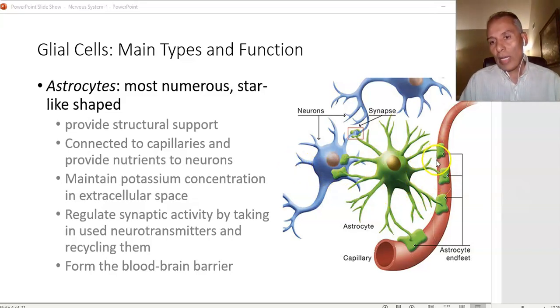So an astrocyte has pods landing on a blood vessel on one end. And then on the other side, they have pods connecting on the bodies of neurons, and different components of neurons.